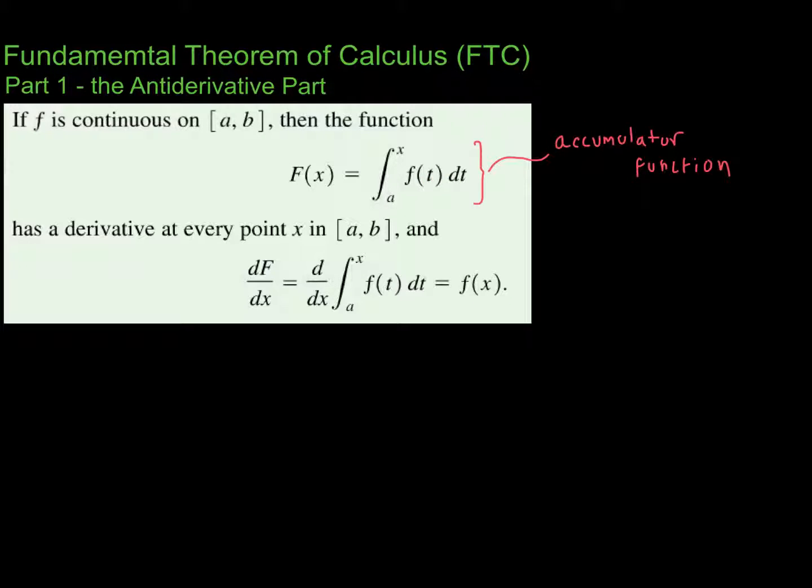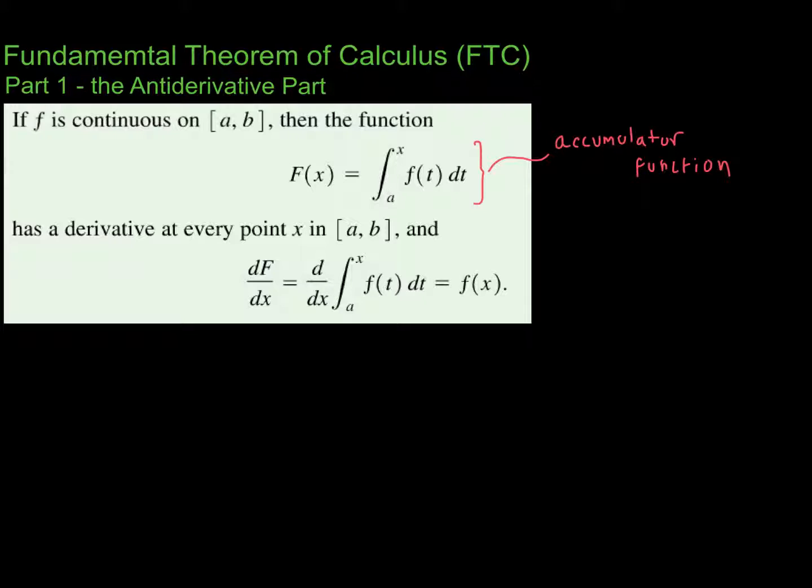So important to remember what this represents. This function, capital F, has a derivative at every point in x on that closed interval from a to b, and the derivative, dF/dx, or as we wrote it, F prime of x, which is, of course, the derivative with respect to x of the right side of our equation, that definite integral, is equal to lowercase f evaluated at x.